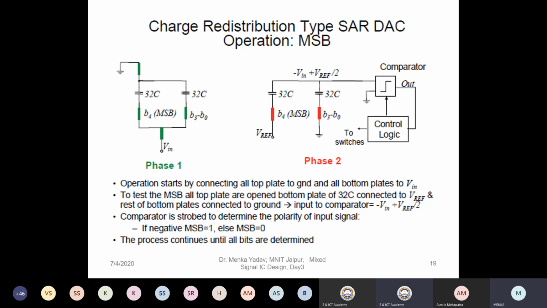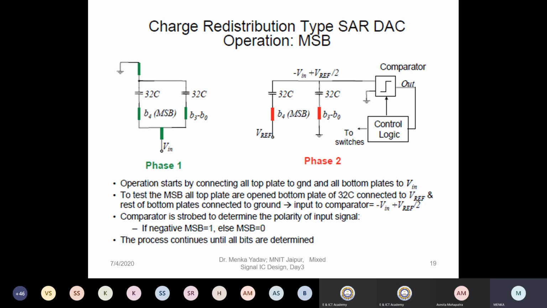So minus of VIN is going to appear at the comparator's input where it is connected. Got it? Why minus? Because there are two plates of the capacitors. One plate is grounded, which is 0, correct? And the other plate is connected to VIN. So a capacitor means there are two parallel plates. If one plate is charged with positive, can I say the next plate is charged with the same Q but negative?